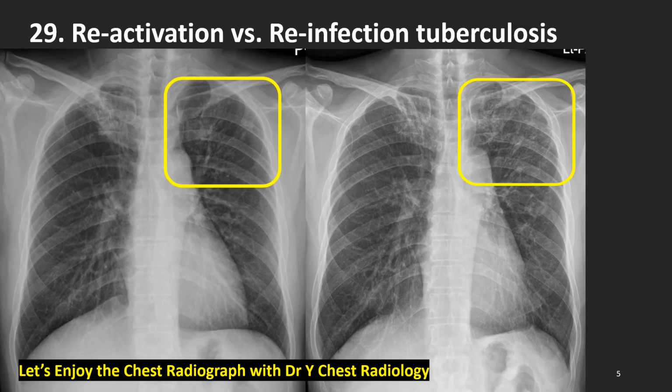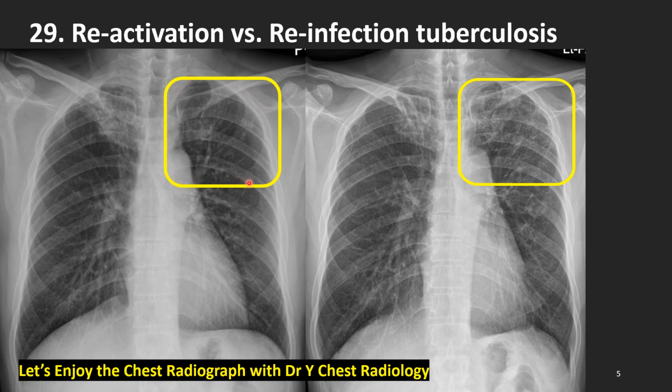We have met these 2 pictures before in the previous session. Please look at the right upper lobe pathology. These lesions had not been changed for a long time. Stable, still stable. But how about the left upper lobe lesion?